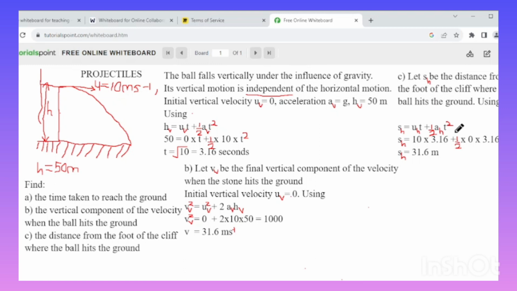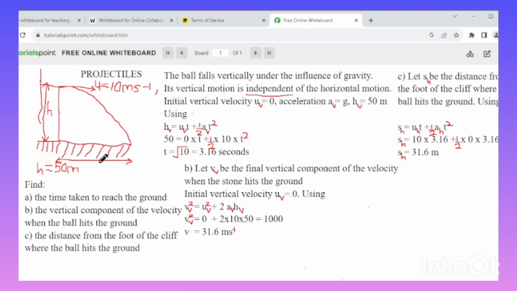For the c part, we are looking for the distance from the foot of the cliff, which is this place, to where the ball landed. This is the distance that we are looking for when we are calculating the c part.